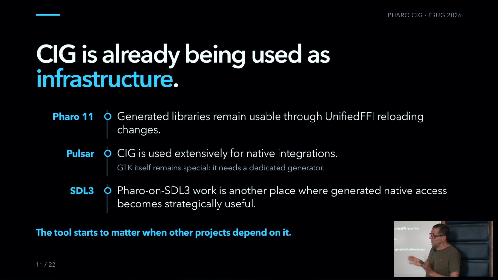You will need to work on that because the unified FFI Pharo package changed. But you load that, and you will be running with any library until Pharo 11. I use it extensively for Pulsar, and the coming Pharo SDL3 implementation is based on this.